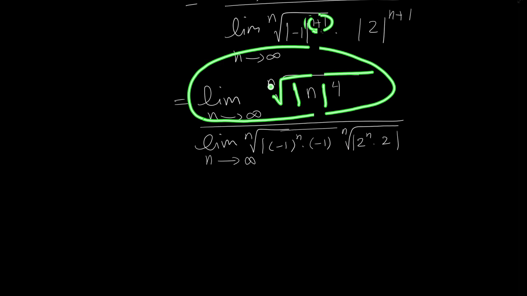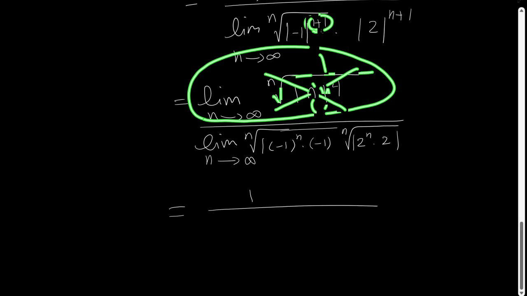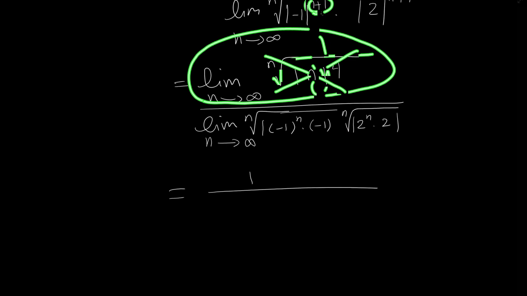So by the rule, I know limit of root n of polynomial with n is equal to 1. So numerator is 1. Sorry, the surface is freezing. Okay. So the limit of numerator is 1.